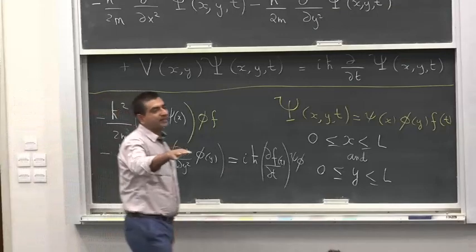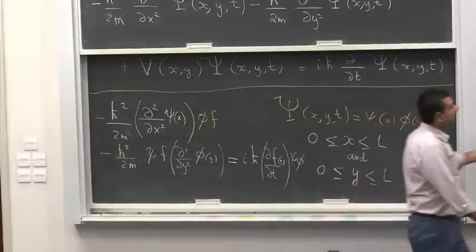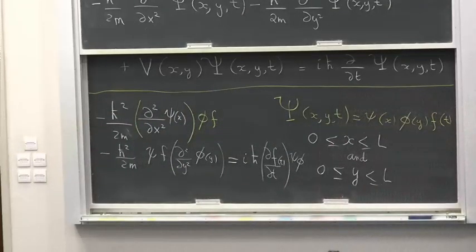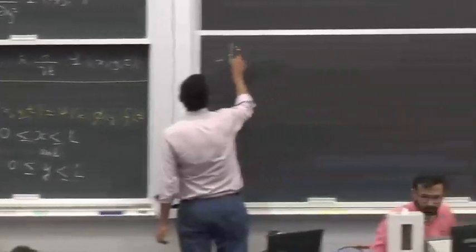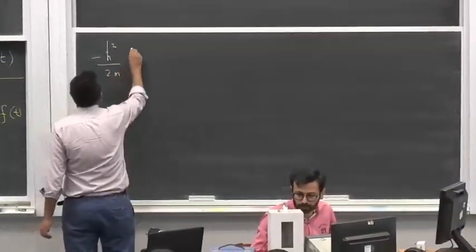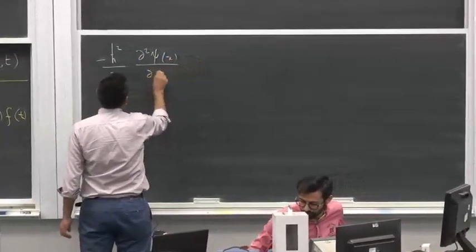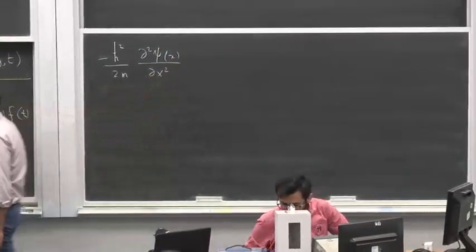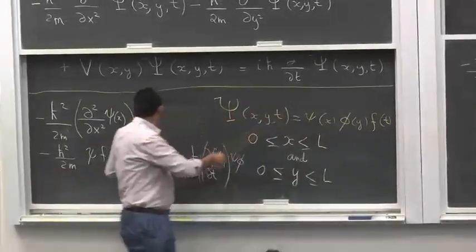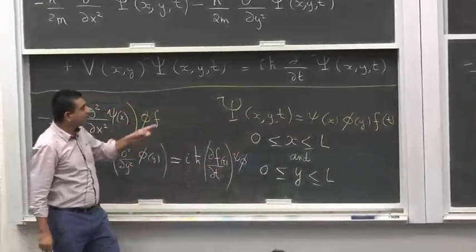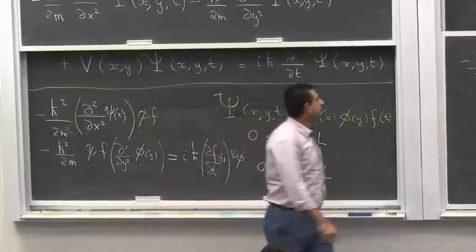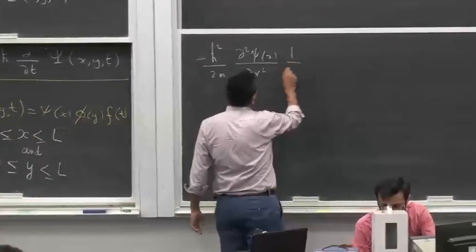I divide both sides by the wave functions. So what I would like to do now is minus h bar squared over 2m, partial squared psi over partial x squared. Now I divide this by the entire wave function, which means I divide by psi phi f. I'm left with 1 over psi.